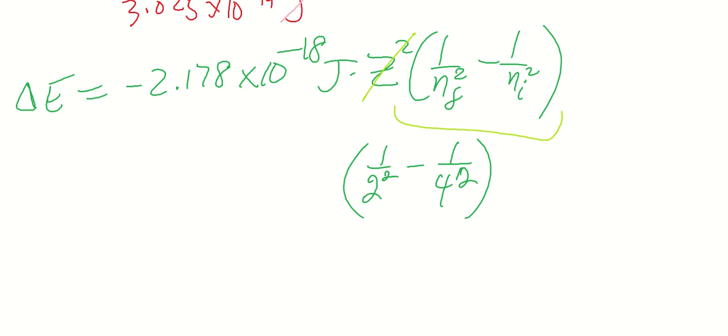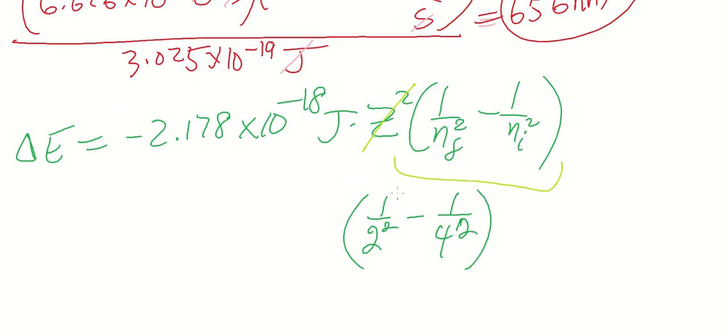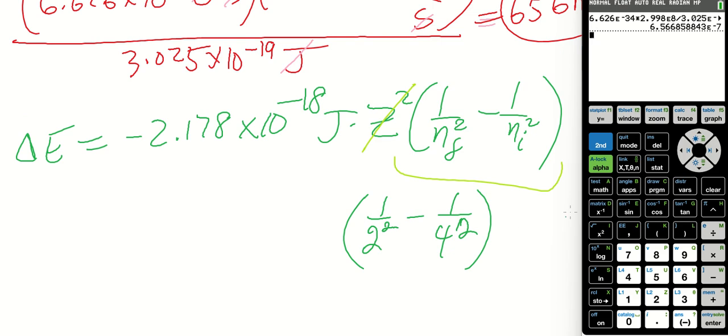I should have saved it in my calculator. All right, again, I'm going to do the stuff in parentheses first. So 1 over 4 minus 1 over 16. There's that term in parentheses. I'm going to multiply that by 2.178 times 10 to the negative 18. And I missed the negative sign at the beginning, but it's not going to matter because wavelength has to be positive.